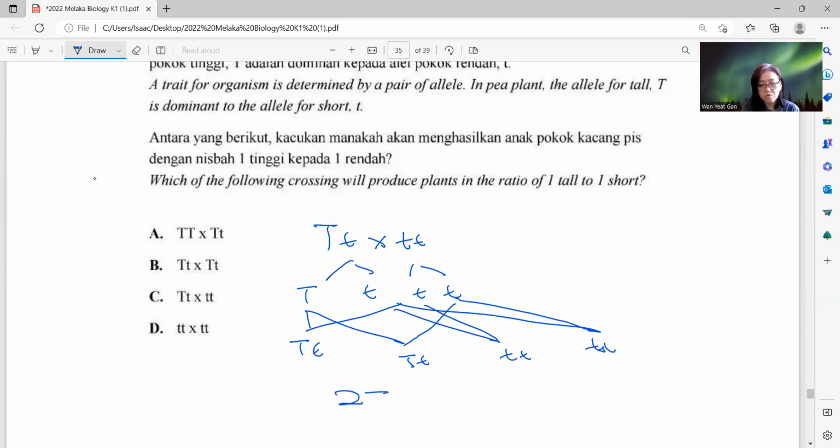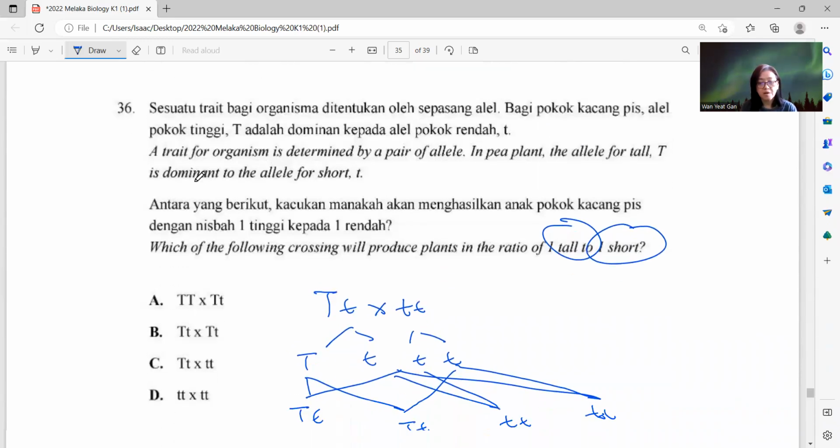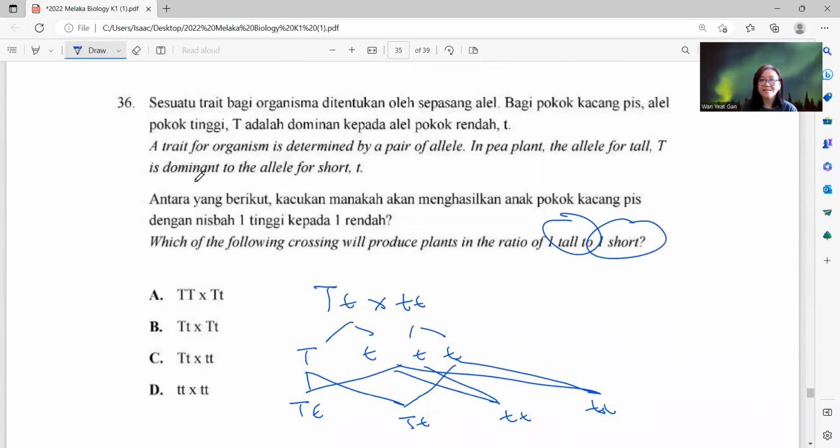So you have 2 Tt to 2 tt. So the ratio is 1 to 1. So they want 1 to 1 here. Okay. So the cross that is correct is C, yeah. Tt times tt.